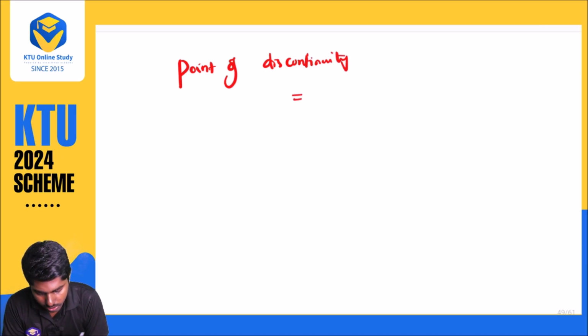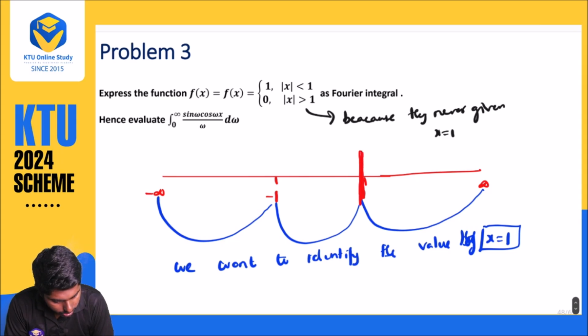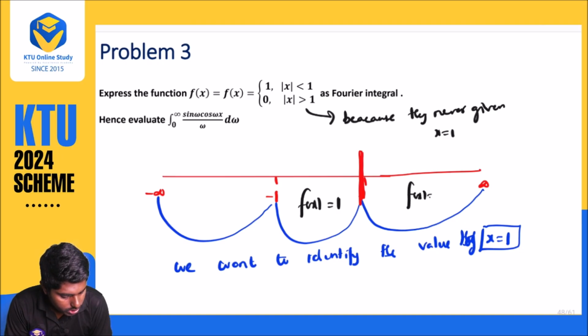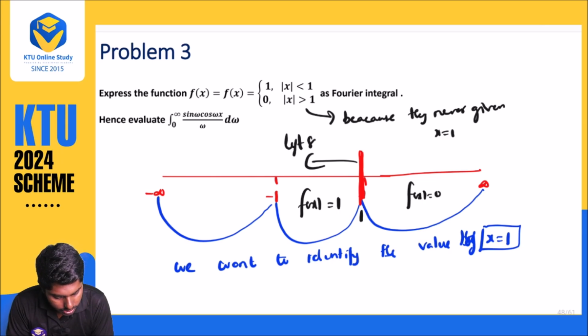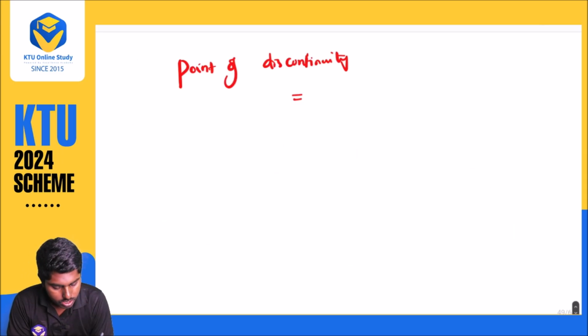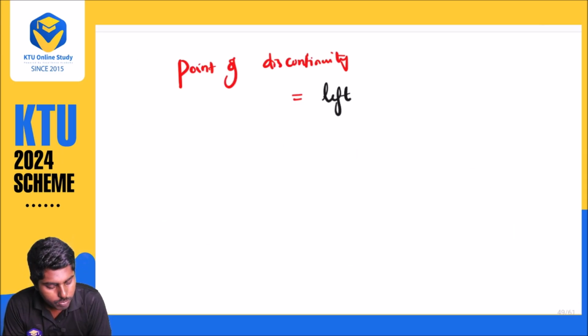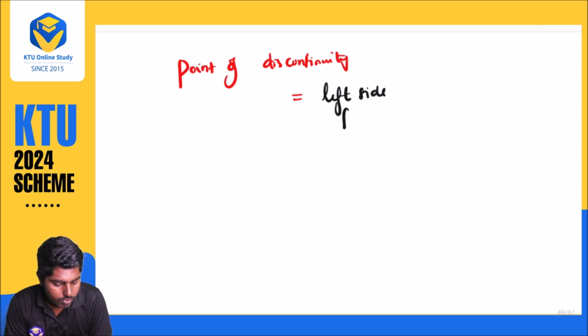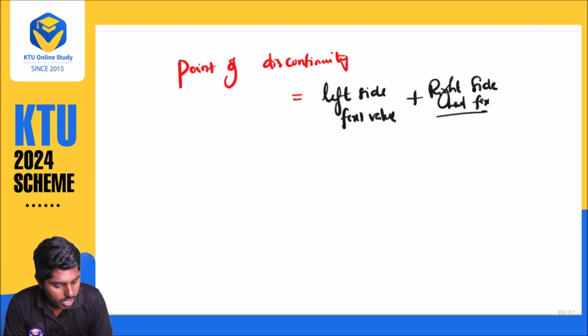Just observe, here it is 1 and the f of x value is 1, and here the f of x value is 0. The point of discontinuity value is the left hand side f of x value plus the right hand side f of x value, divided by 2.